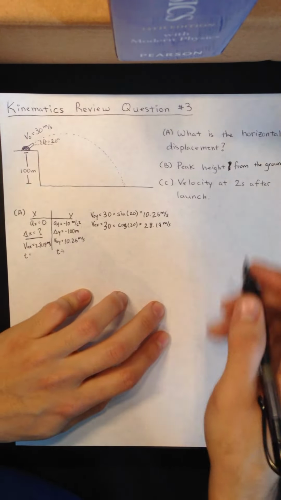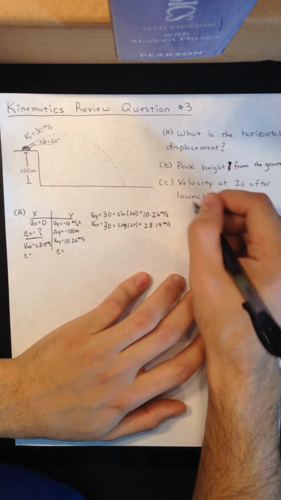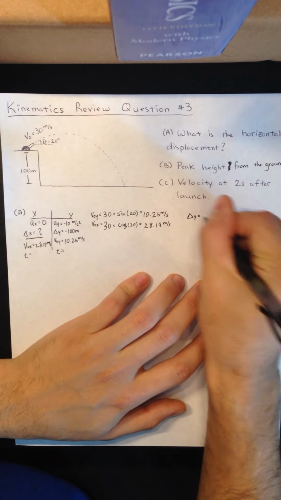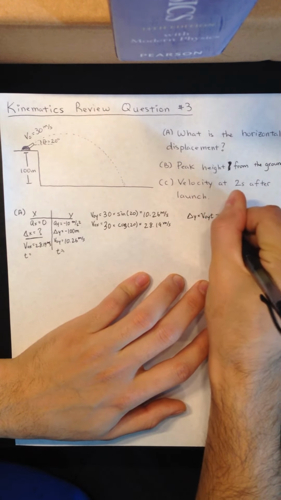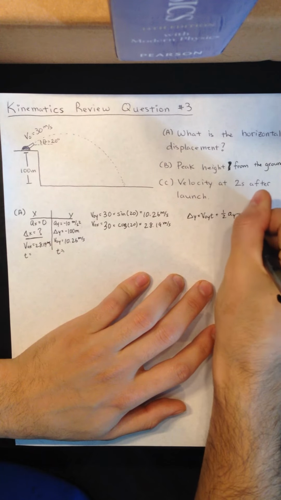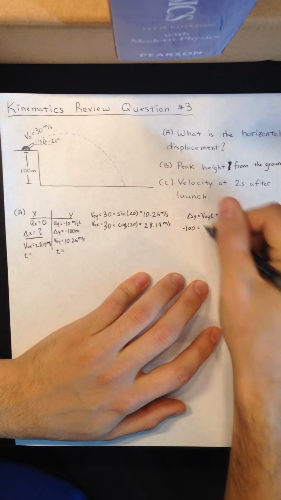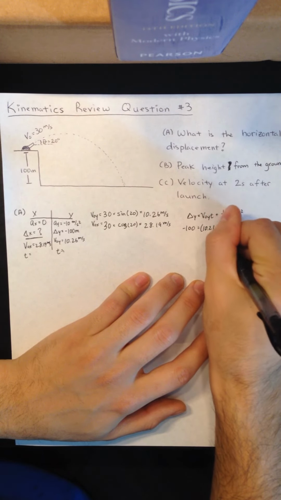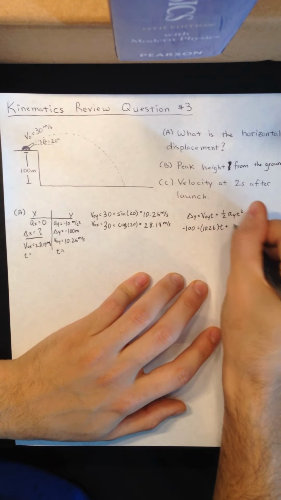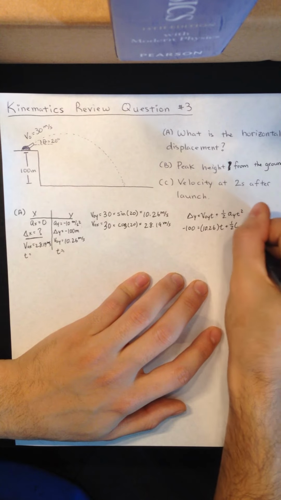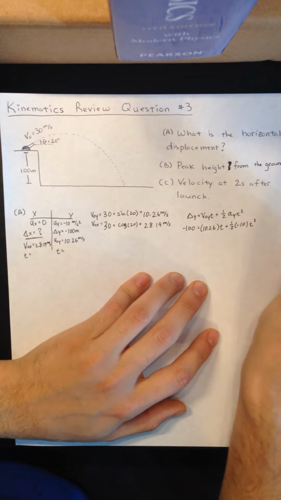So let's solve for time. Displacement in the Y equals V initial Y t plus 1/2 a_Y t squared. Negative 100 equals 10.26 t plus 1/2 times negative 10 t squared.